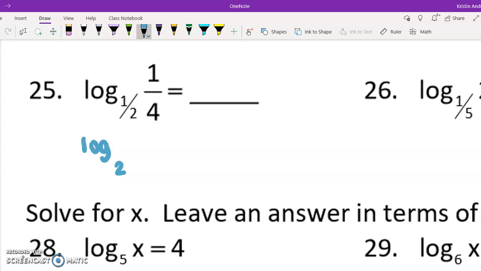And 2 to the negative 1 power, remember that's 2 to the first on the bottom. 2 to the negative 1 power is the same thing as a half. And then my 1/4 is 1 over 2 squared, so that's 2 to the negative 2 if you move it up. Then I can just take negative 2 divided by negative 1, and that equals 2.